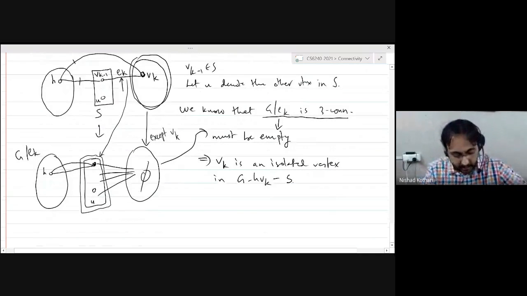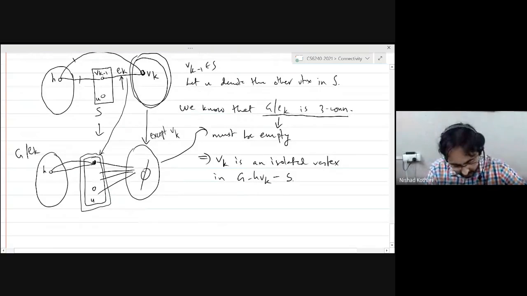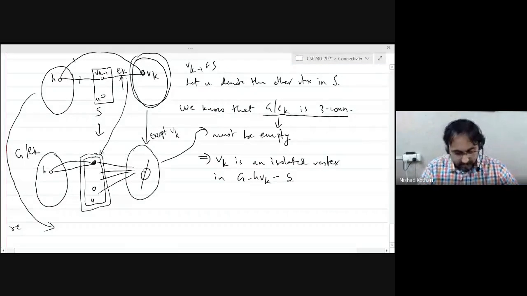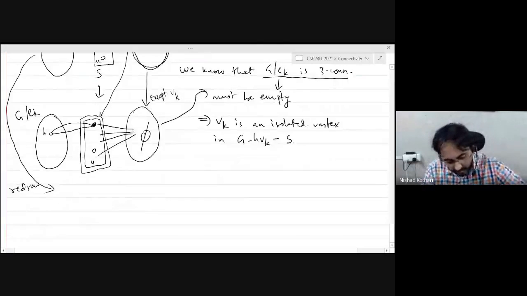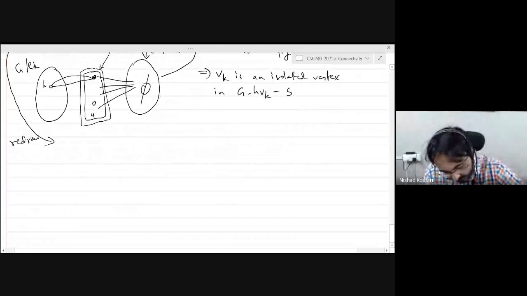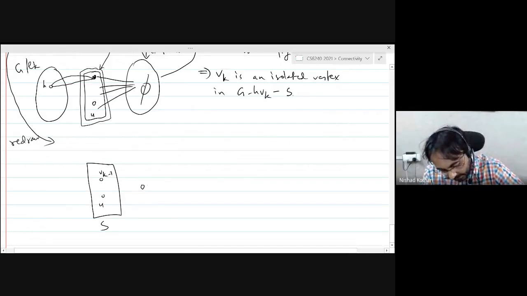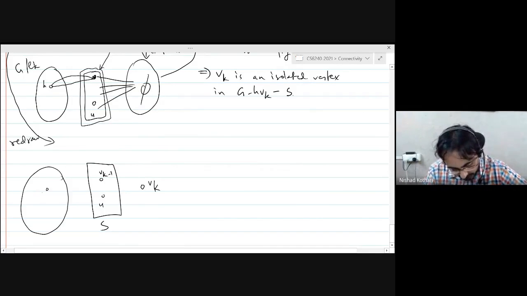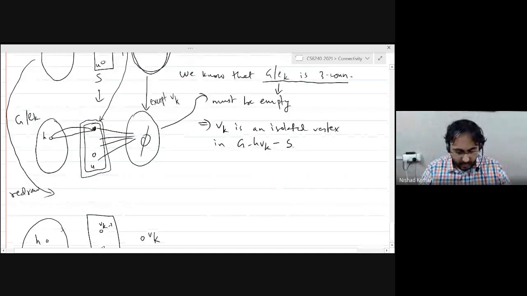Okay, so let us redraw this graph with the new information. So I have a set S. It's got Vk minus 1. It has got U. And here I have a single vertex Vk. And here I have a component which contains the vertex H. Okay?